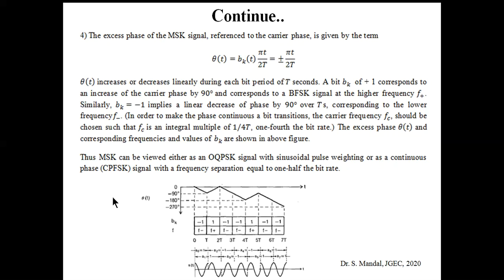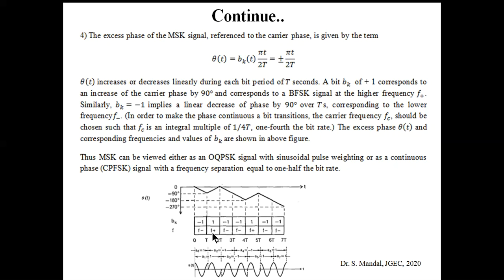So you can see this graph. Coming to the first time duration, bk is negative or minus 1. In that case, the corresponding frequency is f minus. That means a decrease in the frequency, so the corresponding phase is also reduced. In the second case, f plus.